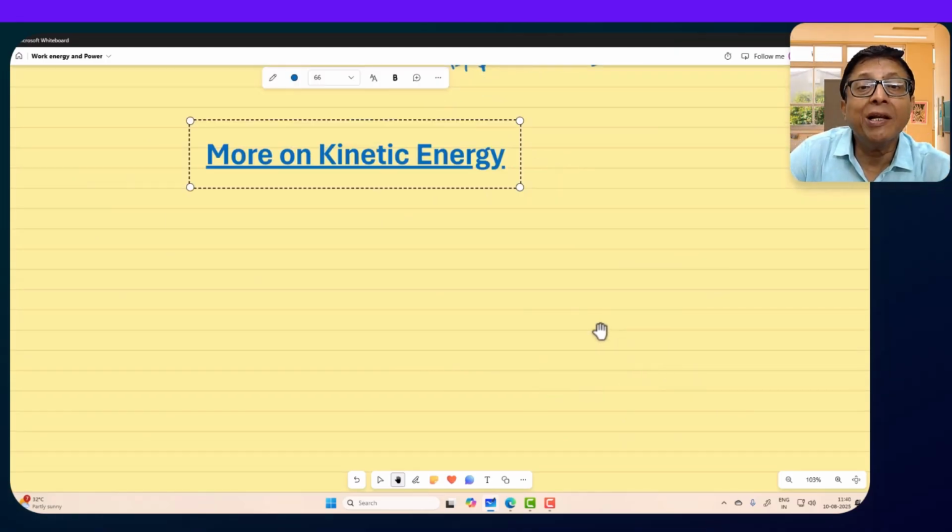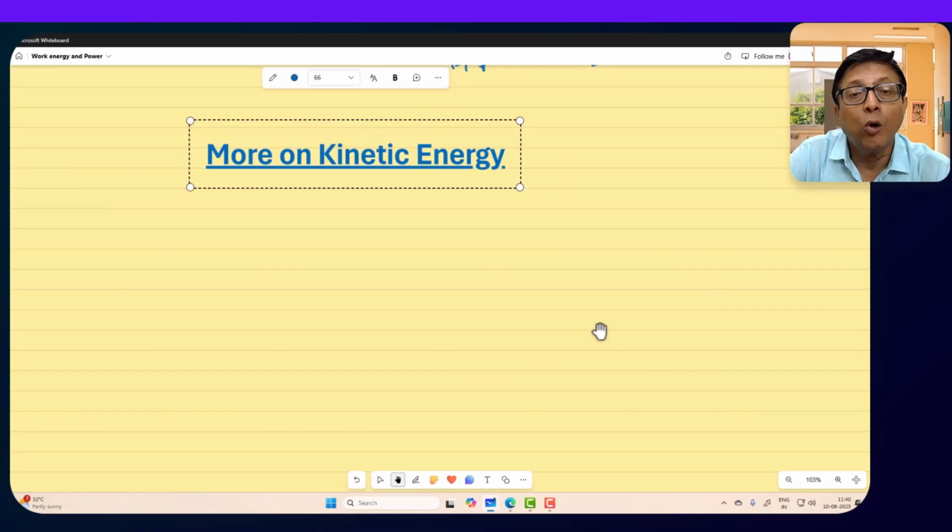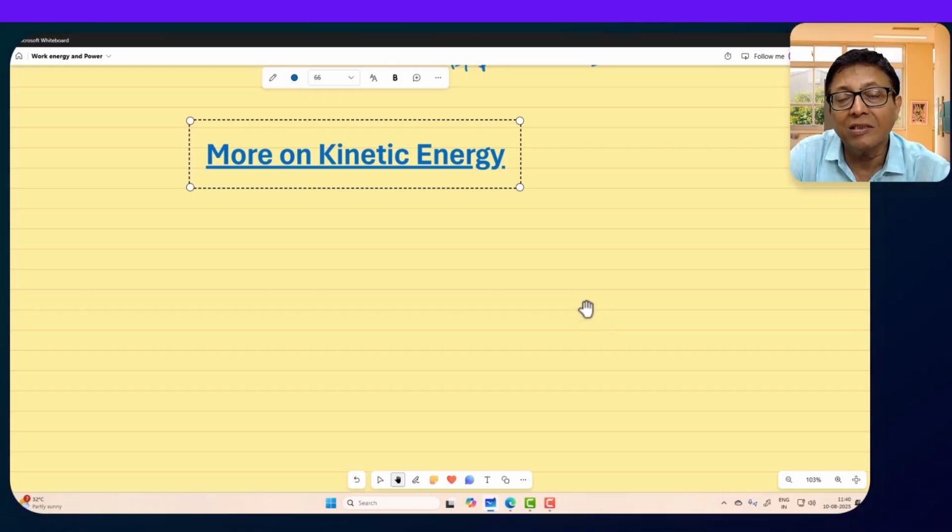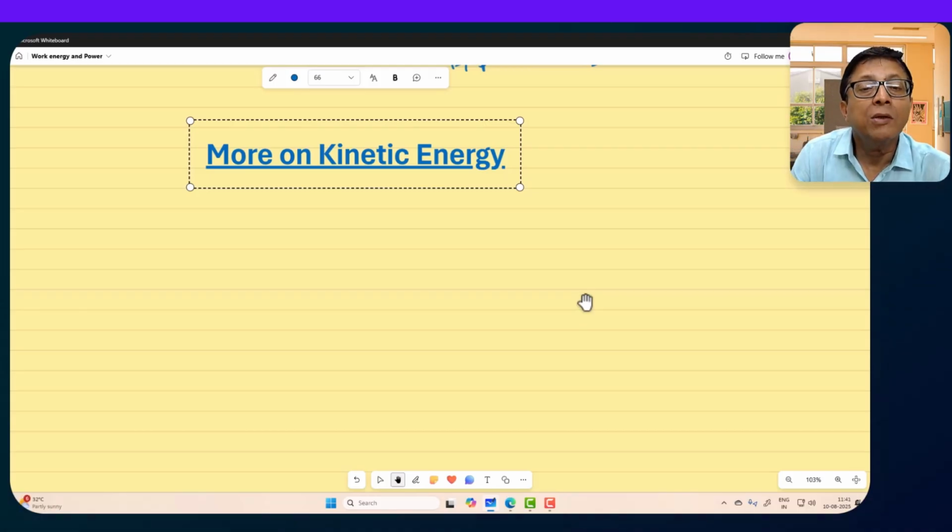Before we end this session on the elementary idea of work, energy and power, we don't cover all kinds of energy, just kinetic energy. We will be doing a few more on kinetic energy.